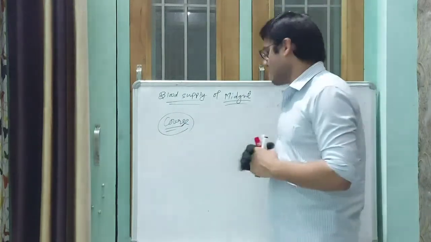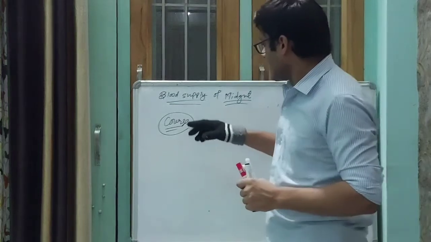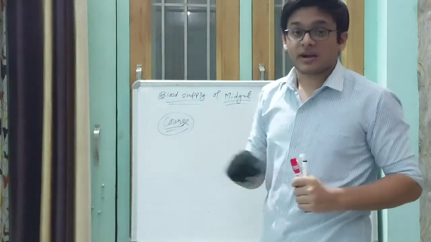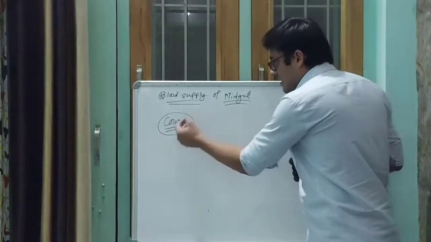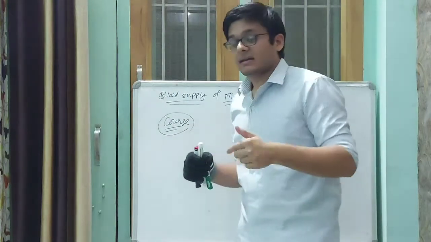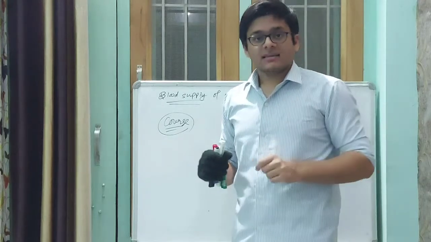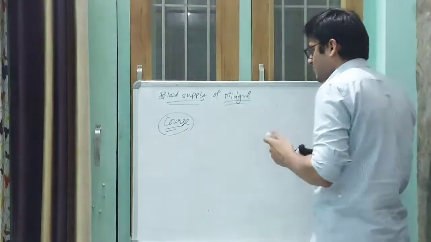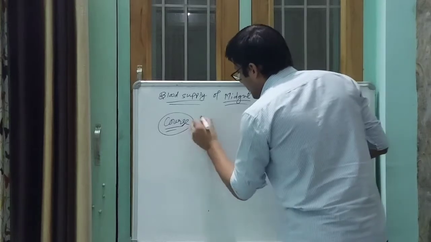As it is a ventral branch of the abdominal aorta, it comes forward to supply the midgut. Let me show the relations also: course and relations.